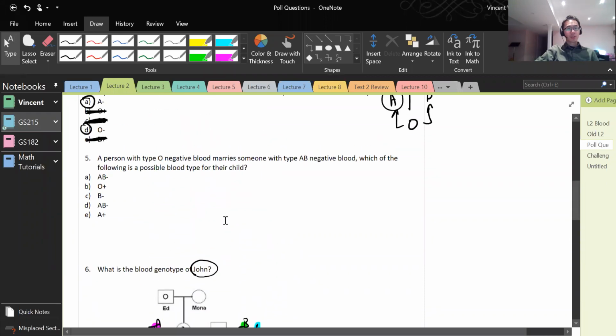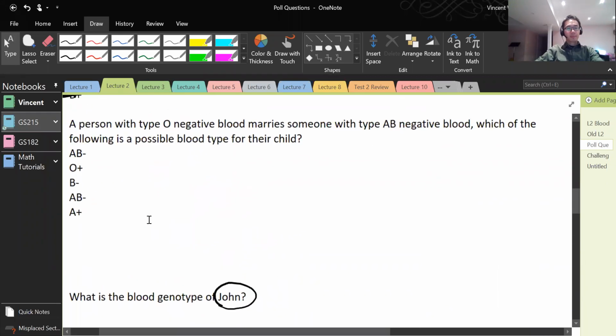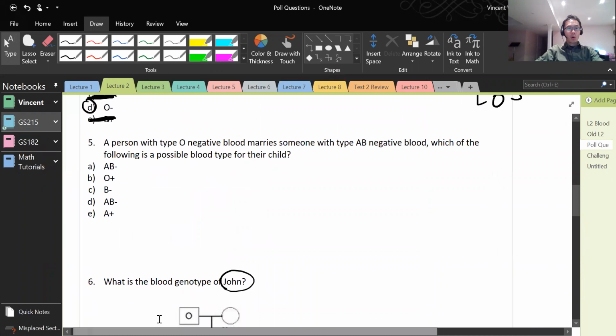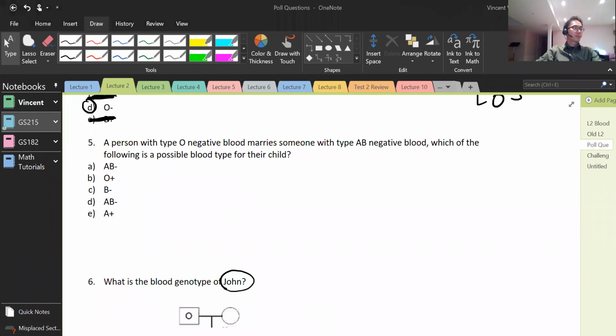Oh, there's another question here. Number 5. A person with O negative blood marries someone who's AB negative. Which of the following is a possible blood type for their child? Let me relaunch the poll. Try that one more time.